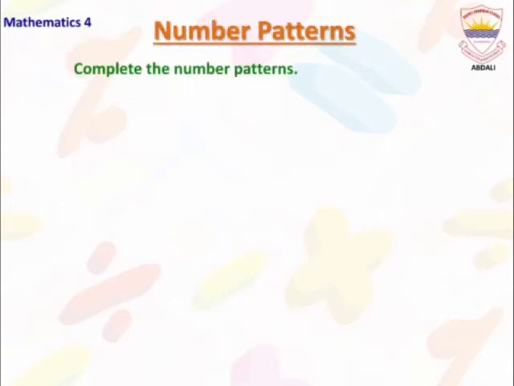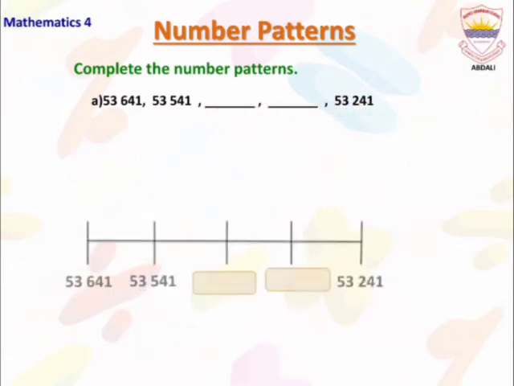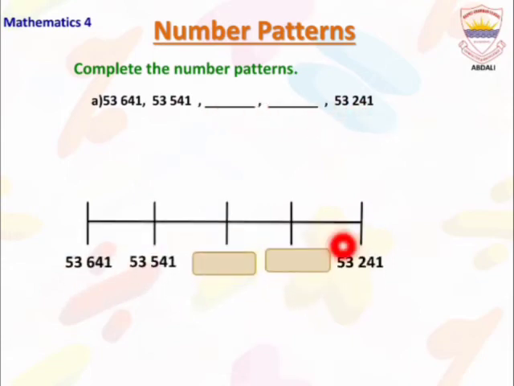Now students, it's time to solve our second question for completing the number patterns. 53,641, 53,541. We find the two numbers in between 53,541 and 53,241.